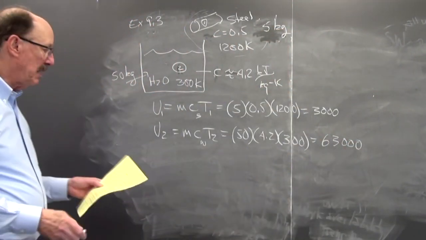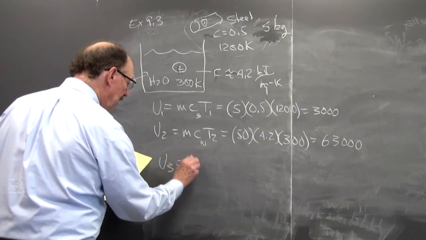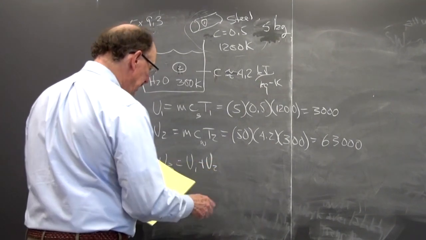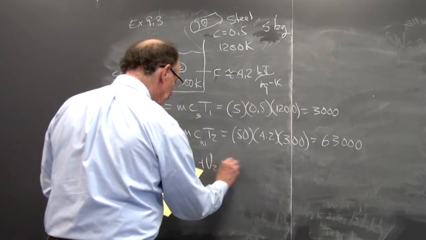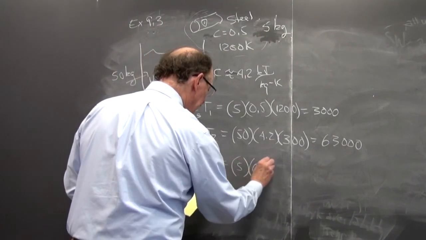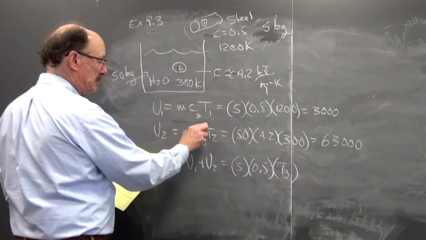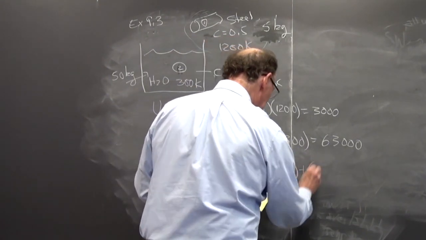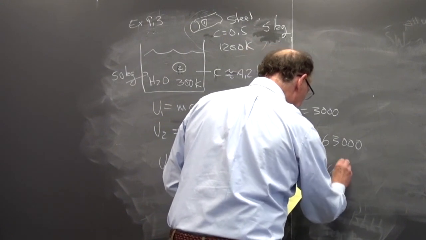And then for the final temperature, we have U3 is equal to U1 plus U2. So now this is going to be at state 3. So this is equal to 5 times 0.5 times T3, the same equation except it's at a different temperature, plus the same deal for water, 50 times 4.2 times T3.